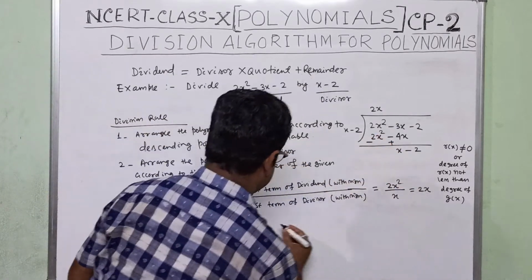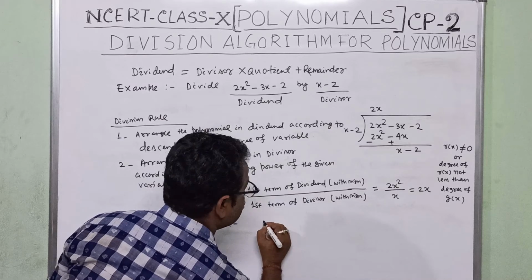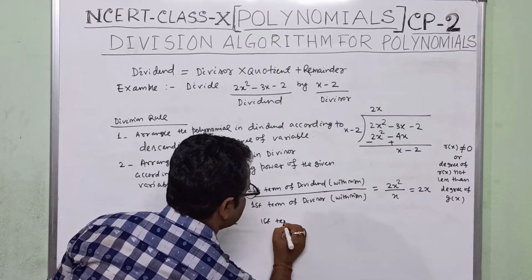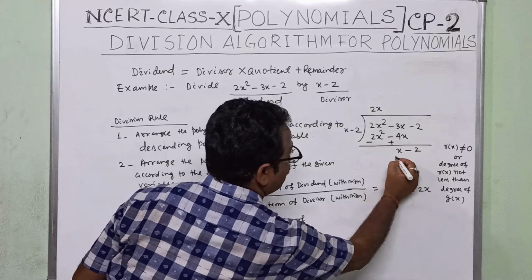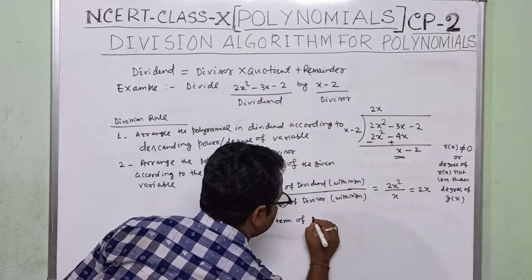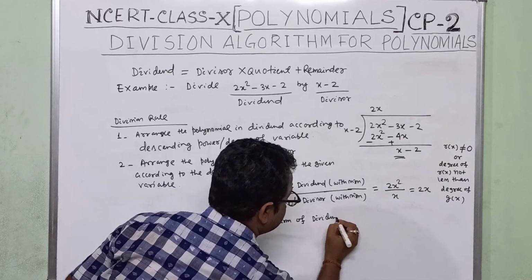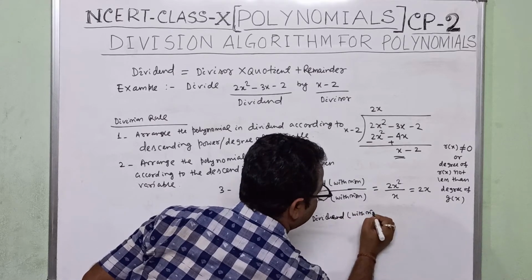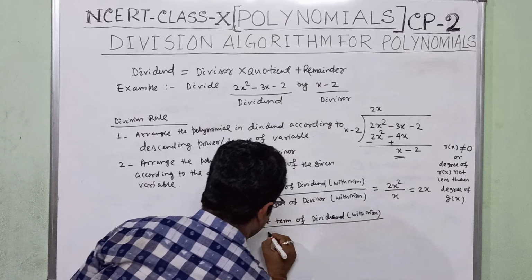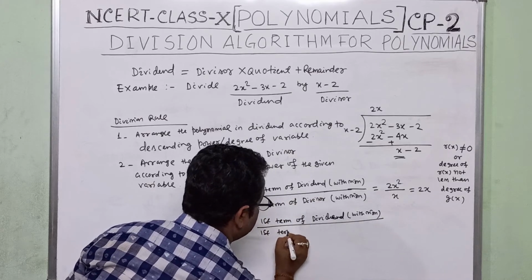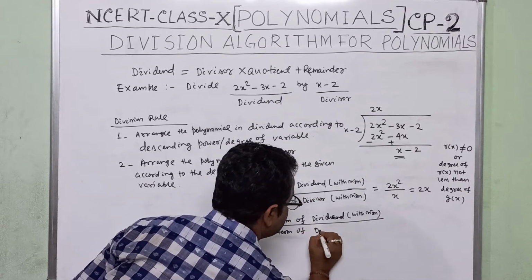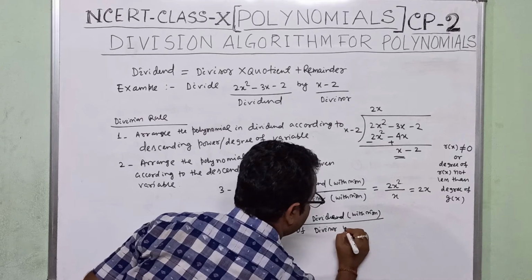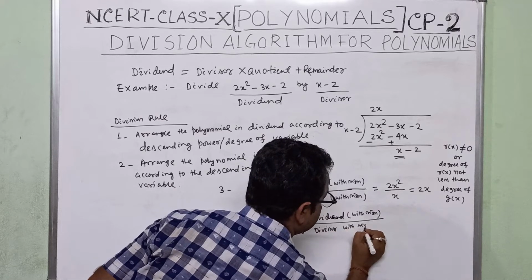Then again, the first term of the dividend with sign, divided by the first term of the divisor with sign.